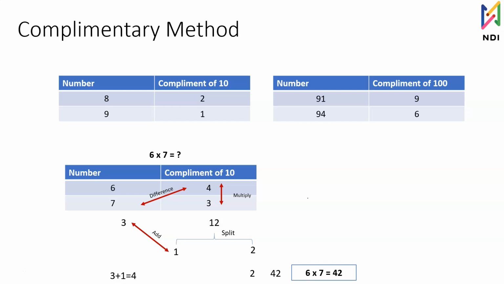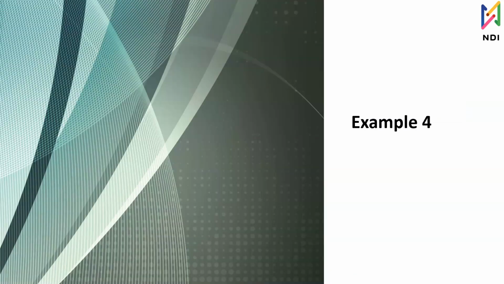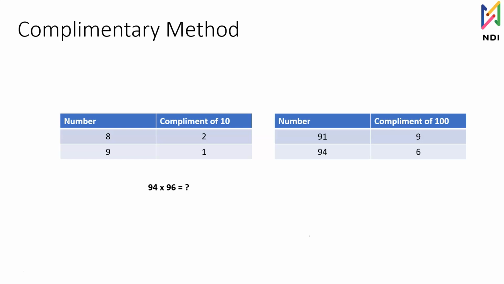Now we will go to the double digit, okay, which is the next example. 94 into 96. Remember, to do 94 into 96, how long does it normally take for you, the conventional route? In fact, after you have learnt it, I will even suggest that you take a stopwatch to find out the number of seconds you take to compute this 94 into 96 after having learned this technique.